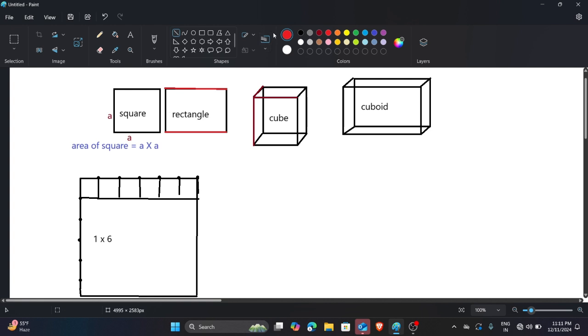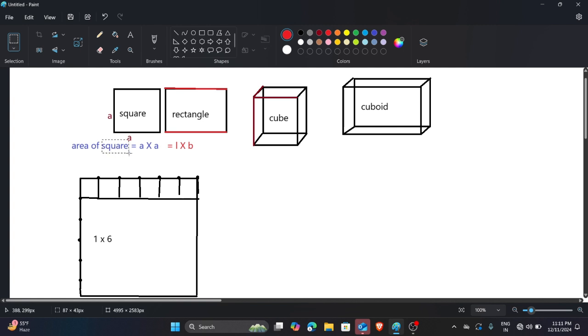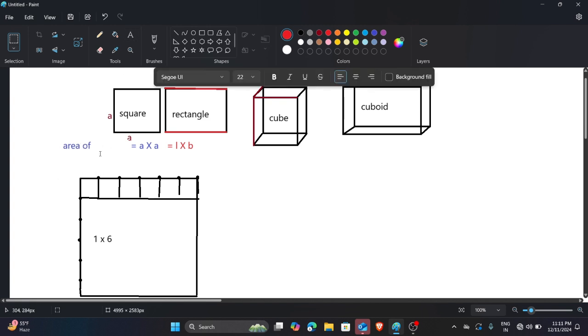So the area of rectangle is, I'm just writing here, the area of rectangle is nothing but L into B. I want to replace this, so I can write the whole area here.